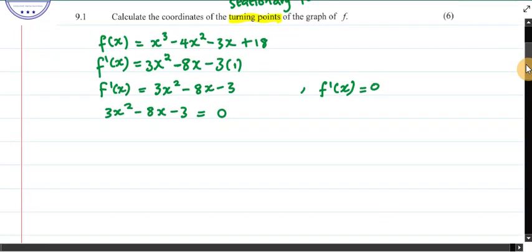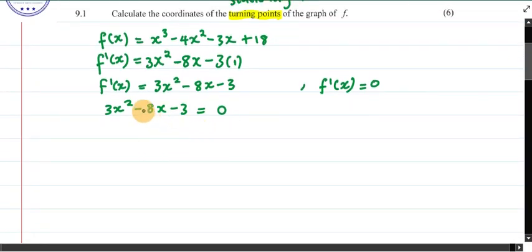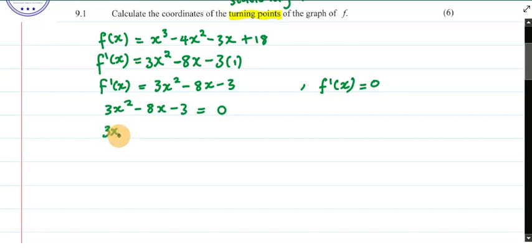So how do we factor out this? For you to find 3x squared, you have to multiply 3x by x. Okay, so you just open these two brackets. So when you say 3x times x, you get 3x squared. So you want to find the factors.